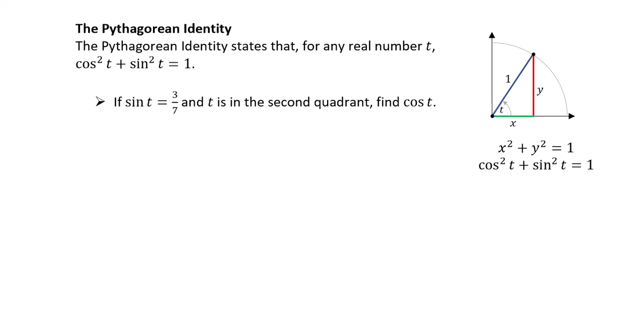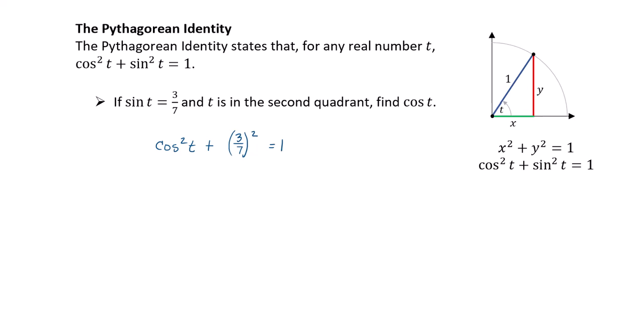If sine of t is equal to 3/7 and t is in the second quadrant, find cosine of t. Well, if we start this, we have the cosine squared of t plus, normally I would put sine squared t here, or sine of t all squared, but I know that the sine of t is 3/7. So this will be 3/7 squared equals 1.